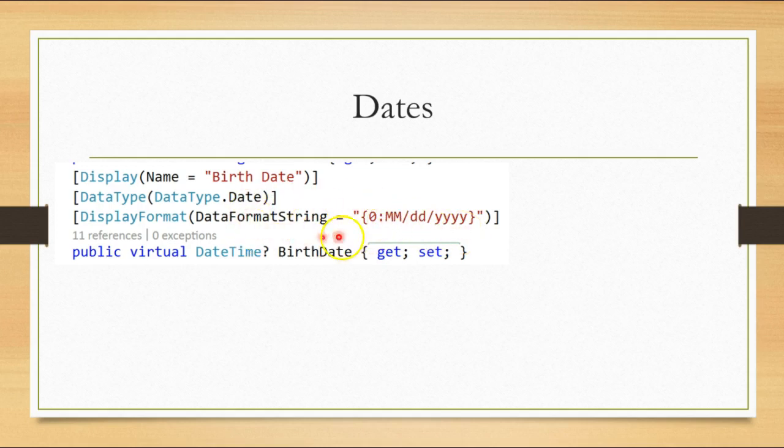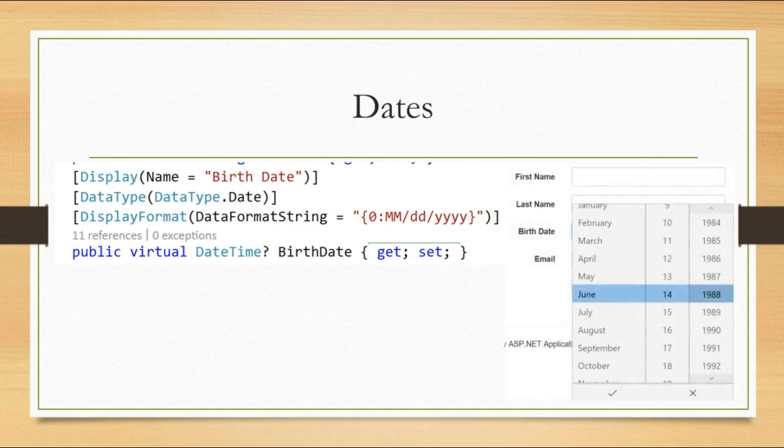So we're telling the view, here is a standard way to render this date. Again, we do this in the model, so the view doesn't have to be concerned with doing this every time and perhaps being inconsistent.